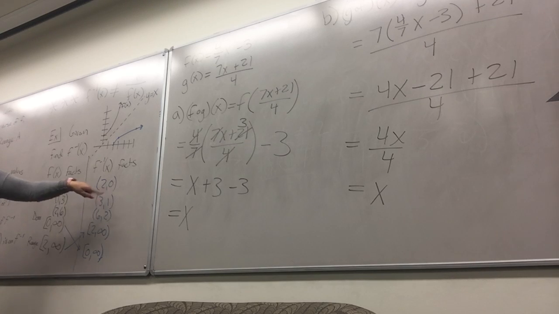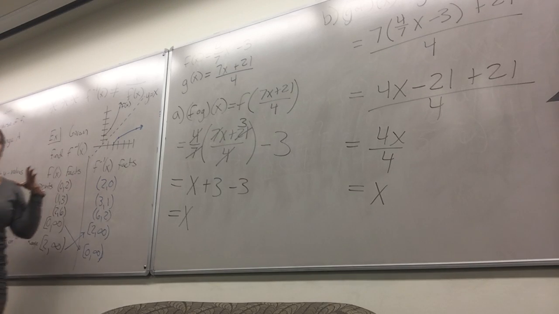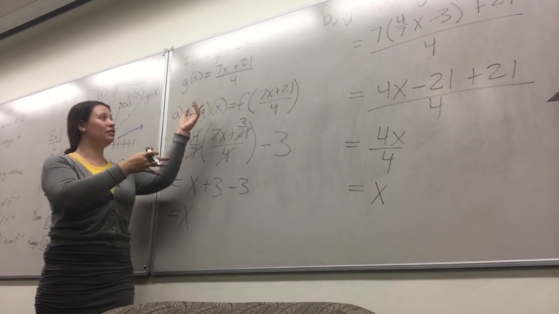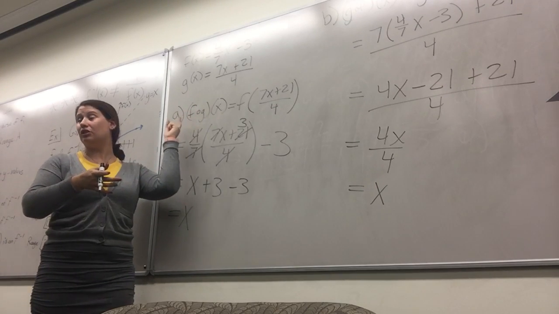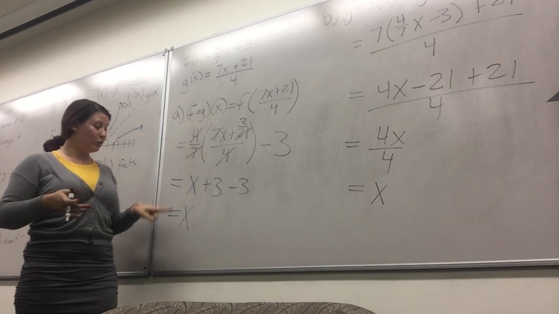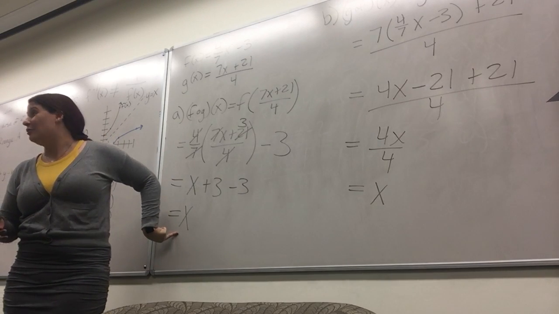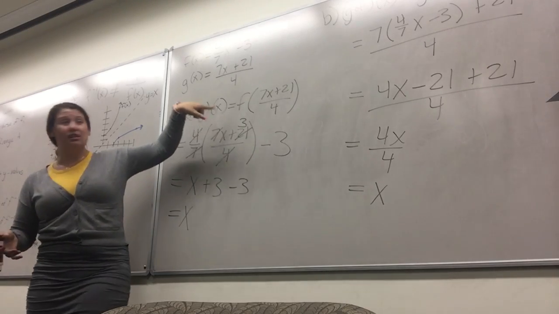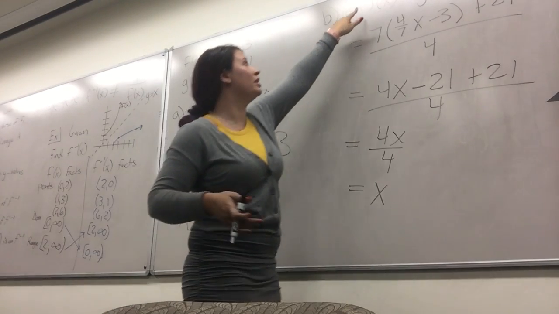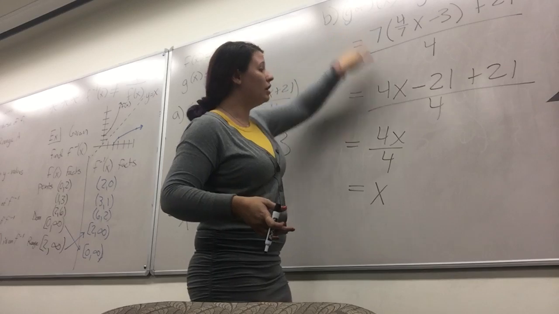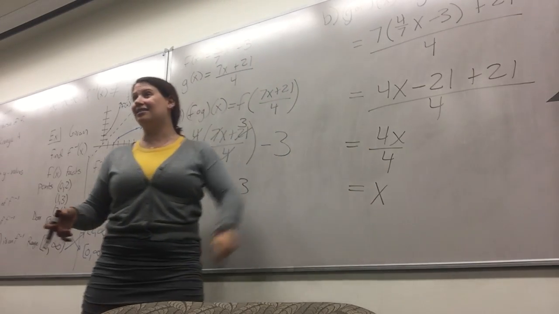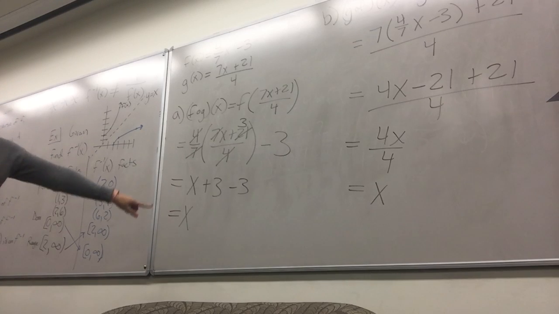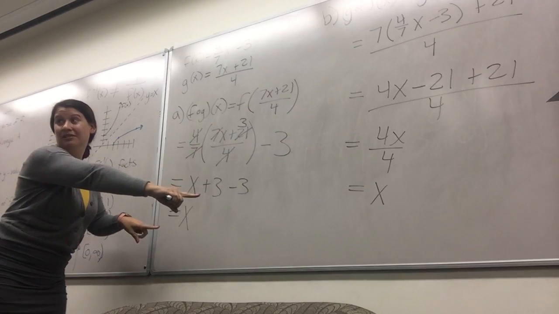It takes us back, right? So, I want us to notice this. If we plug an inverse function into its function, we get back x. We get back what we plugged in, because we plugged in x, right? So then if we do the opposite, we plug the function into its inverse, we also get back x. We got x both times.